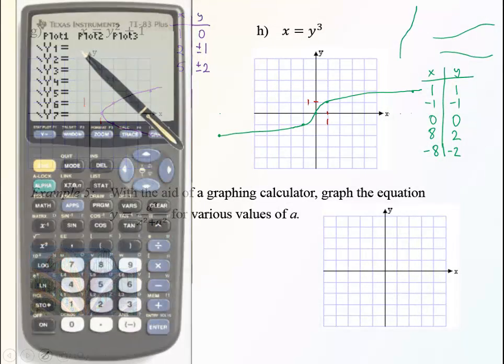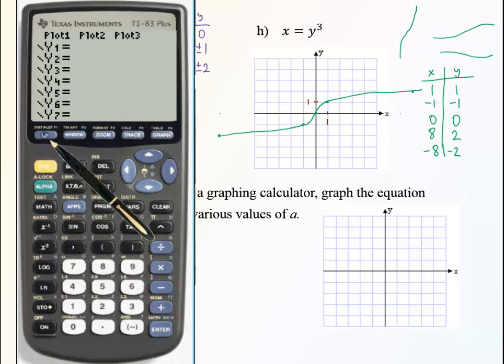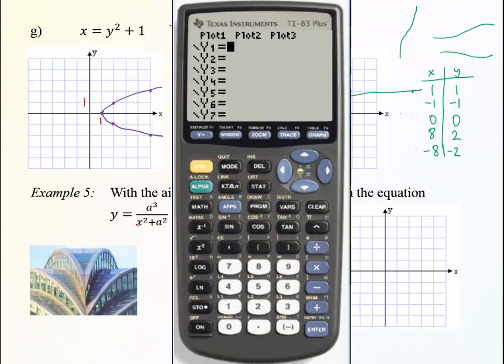Okay, we have our graphing calculator. If we push the button y equals, then we can plug in the formula. Since the formula is a cubed over x squared plus a squared, if a is equal to 1, then we are going to plug in 1 divided by x squared plus 1 squared, which is 1.